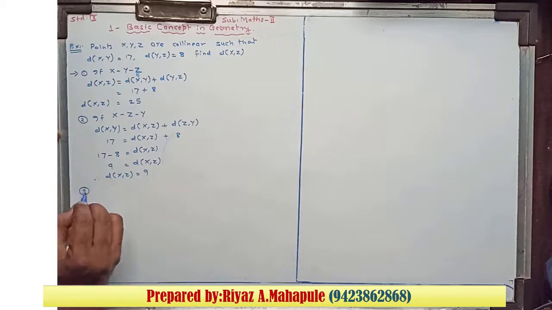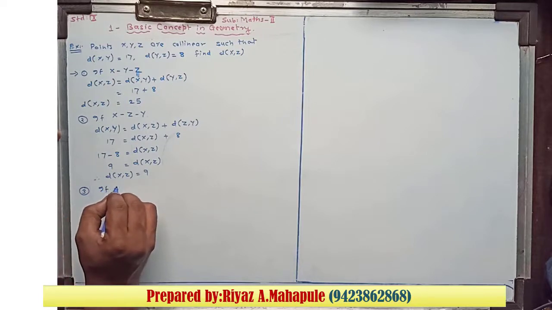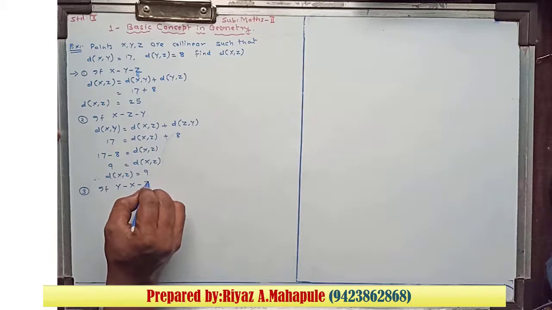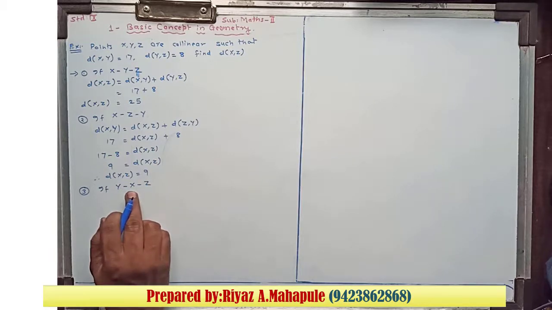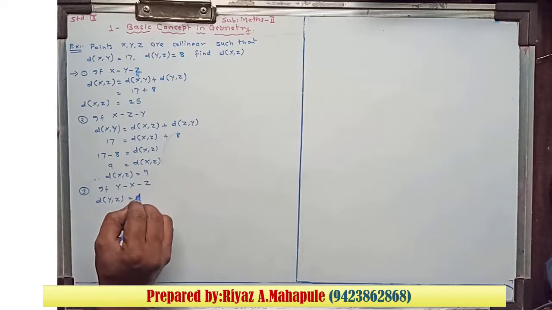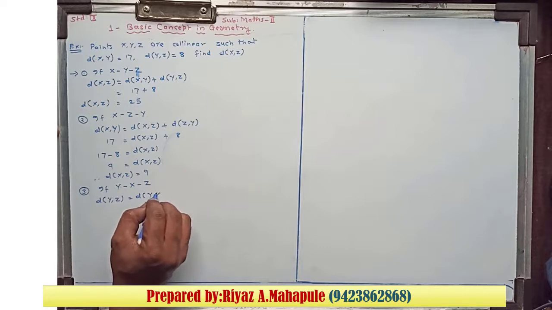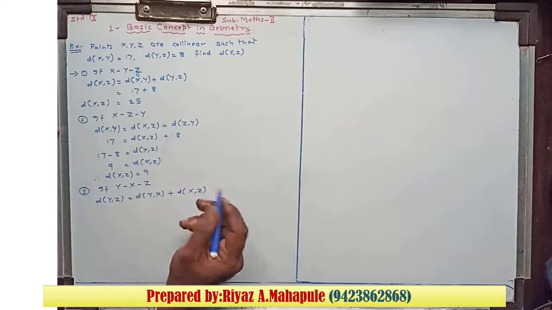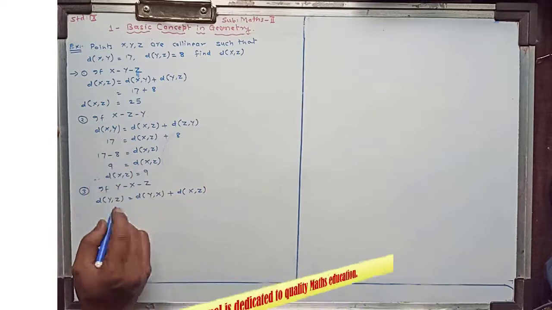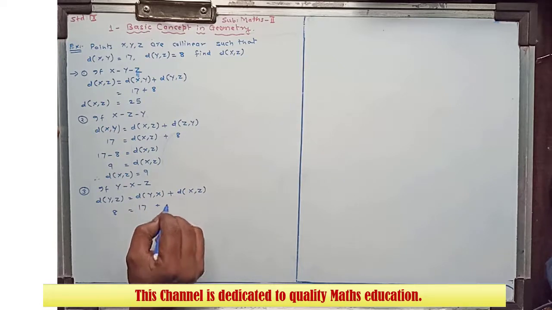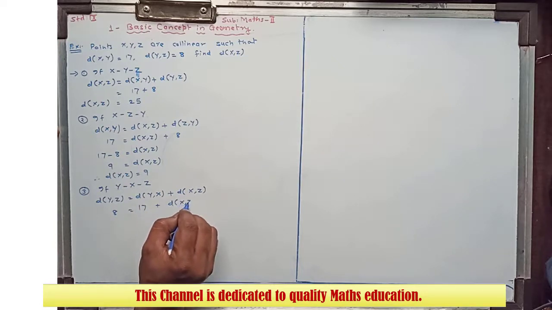Now the third case is if Y-X-Z, that means point X is in between Y and Z. In that case distance of YZ is equal to distance of YX or XY plus distance of XZ. Now YZ is 8 here, 8 is equal to XY, which is 17, plus distance of XZ.